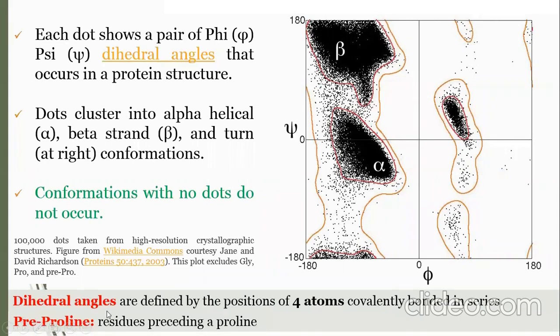And one more thing, sorry: pre-proline, that's a residue preceding a proline. Before this, we have already talked about this: in this white area, only glycine can be a possible conformation. Glycine can lie there in the white region, or proline can be there.